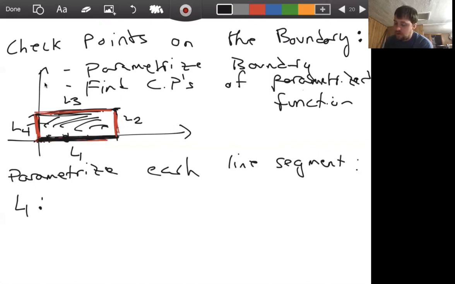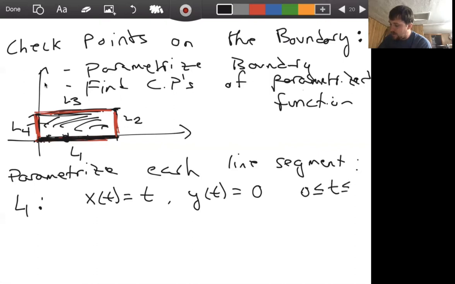And so we can parameterize L1 by x(t) = t and y(t) = 0 for t between 0 and 4. This is a parameterization of the line segment L1.